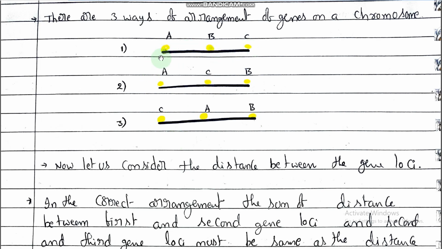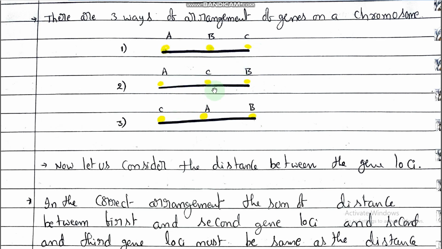The distance between the first two genes plus the second and third gene is equal to the distance between the first and third gene. AB is 10 and BC is 10, and the AC value is 20. You got it or not, right?